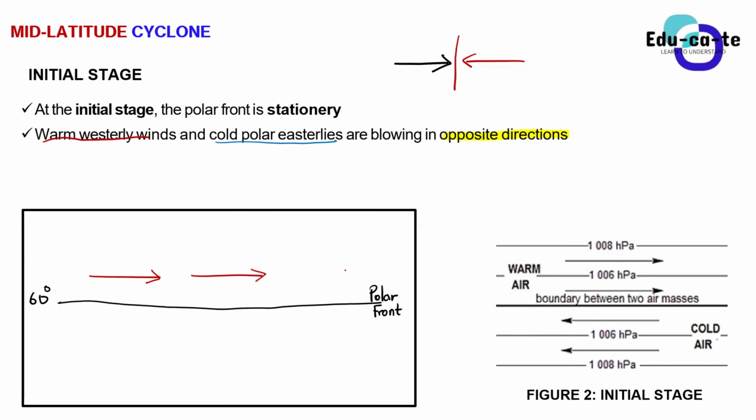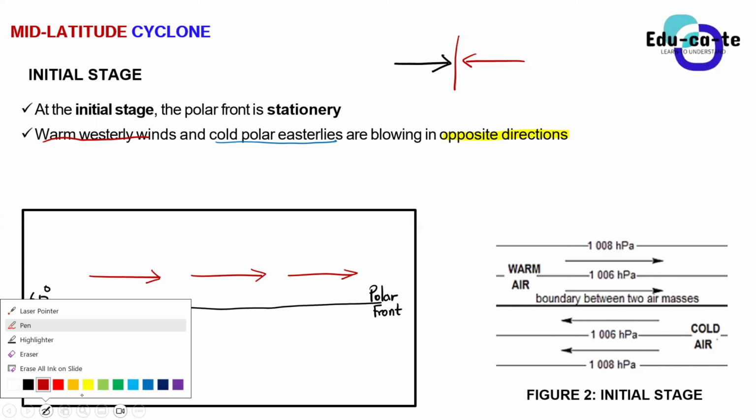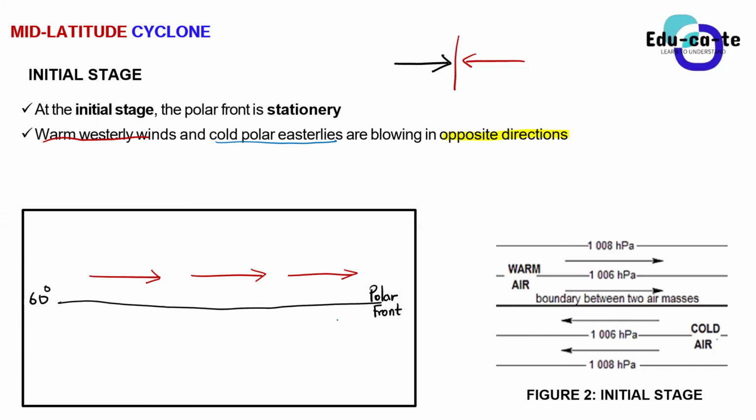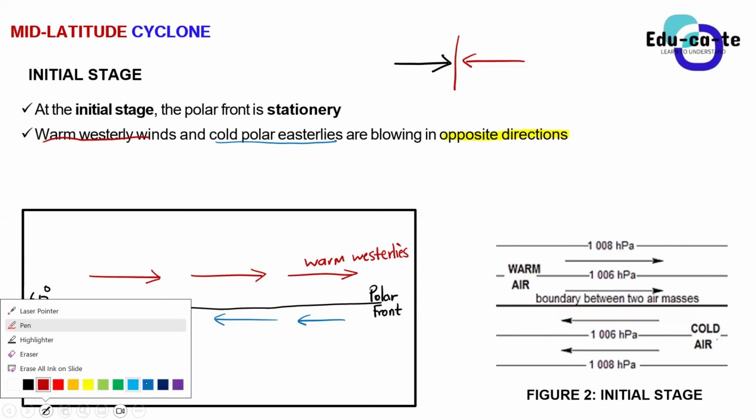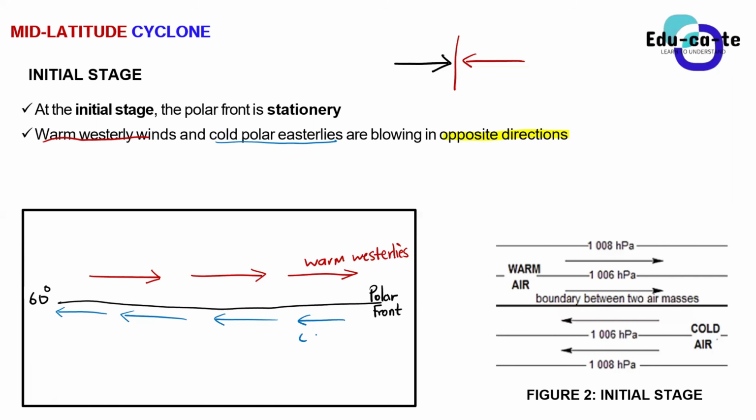These are the warm westerly winds, and then we are having the cold polar easterlies on the other side of the front, blowing in opposite directions. So these red ones are the warm westerly winds or the warm westerlies. And this blue one is the cold polar easterlies.